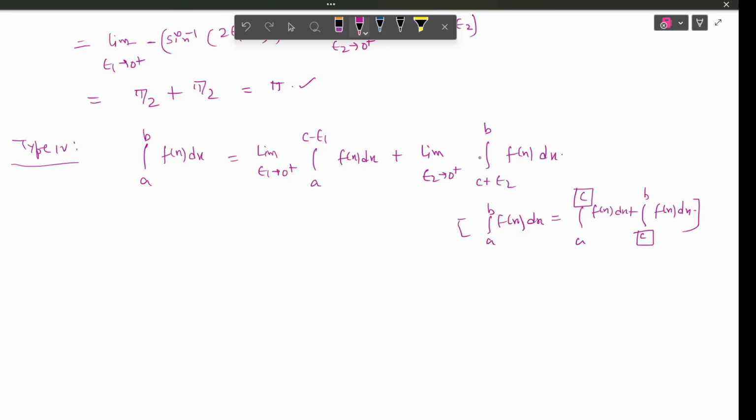Okay, now here you have to note that both of these limits should exist.